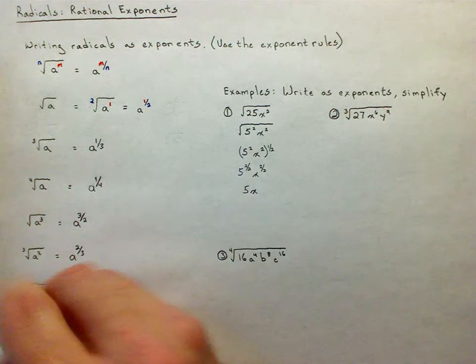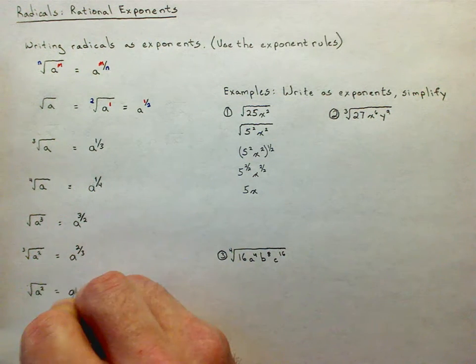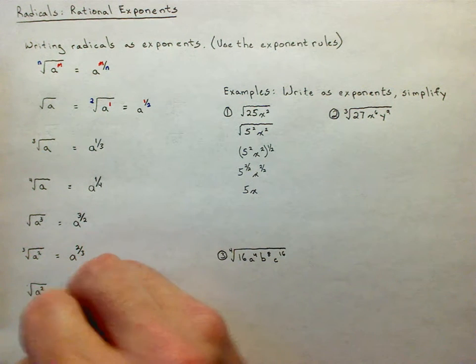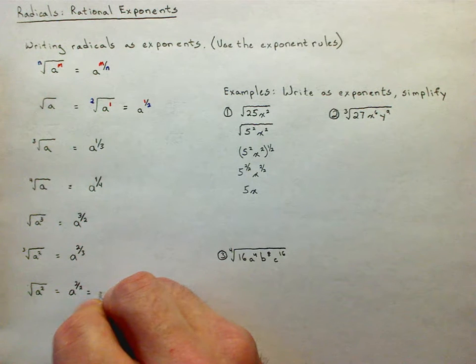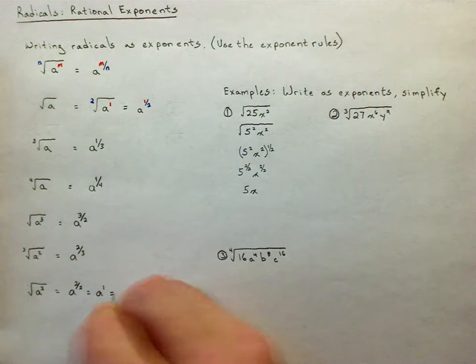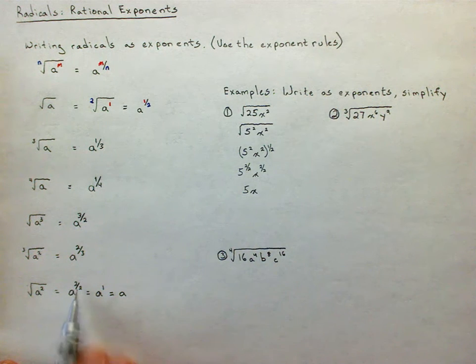Well, if I actually write this out, root index is the denominator of my rational exponent, so that's 2. The power of the radicand, that's 2. What does that equal? 2 divided by 2. It just shows that that is a good example to make sure that you're setting your problem up correctly for your rational exponent. So let's look at some examples.